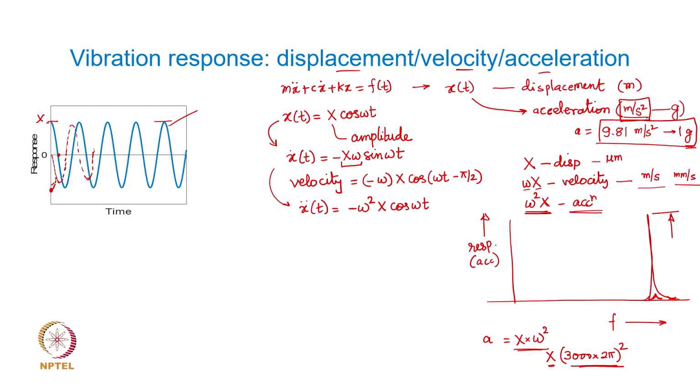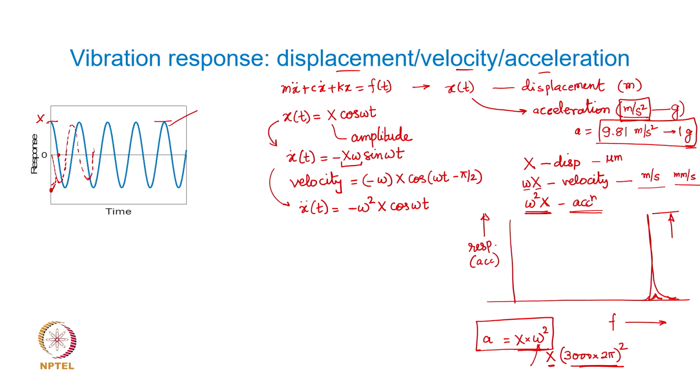So, high frequency vibration measurements are always made using accelerometers, which generate the vibration response in acceleration units, and the reason for that is that acceleration response is omega square x, and x is limited at very high frequencies. Therefore, small amplitude vibration components may not show up properly, they are not noticed in the displacement vibration response.